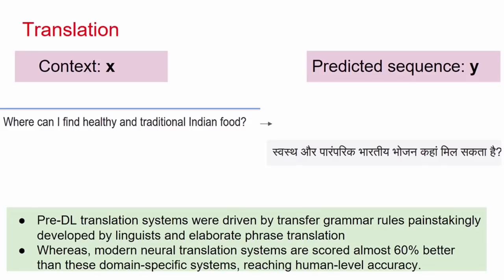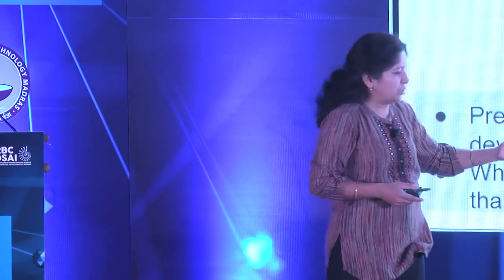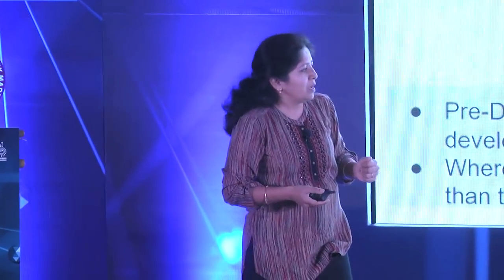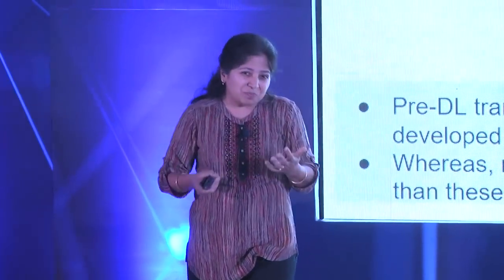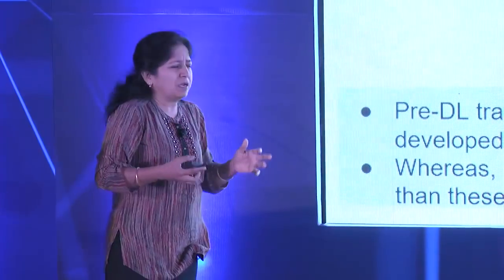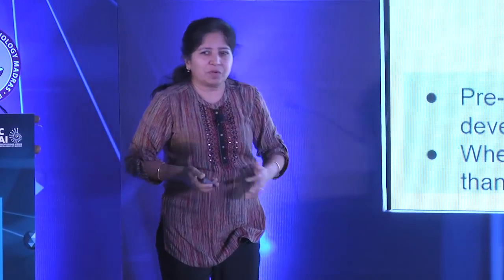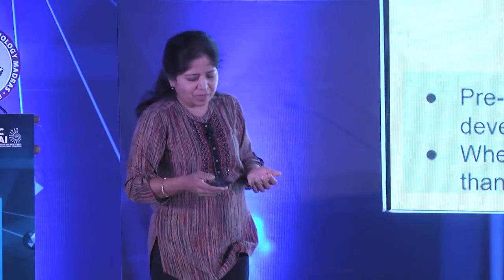There were elaborate phrase translation tables, and then there was a thin layer of a statistical machine learning model to stitch all these things together. Whereas modern neural deep learning systems score almost 60% better than these traditional systems, and they use very little domain-specific engineering. All that you require is a huge amount of data.